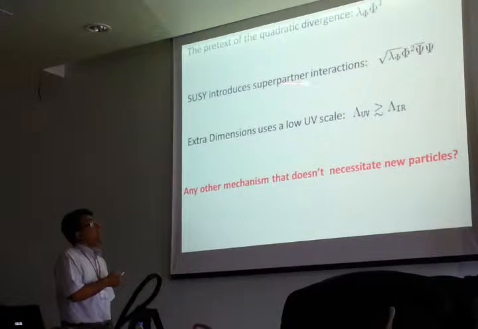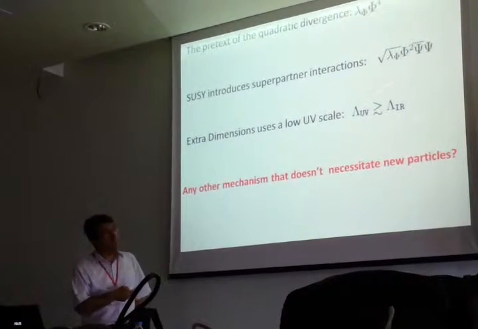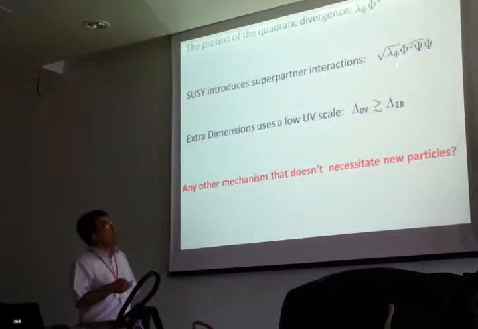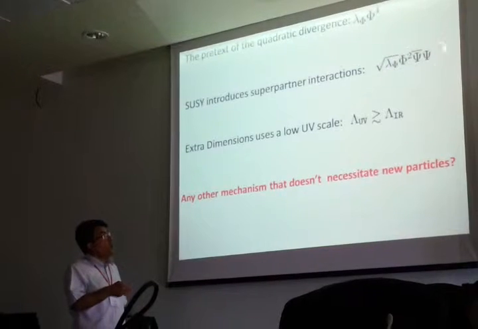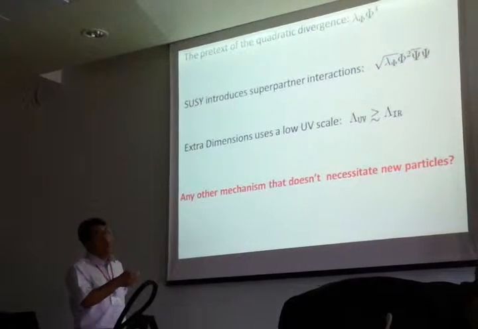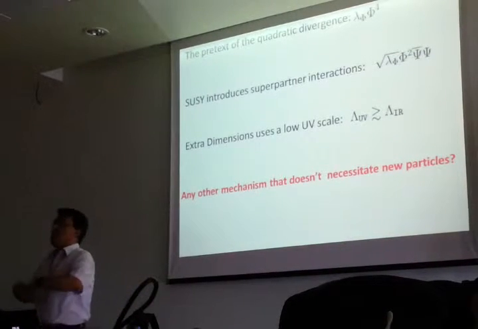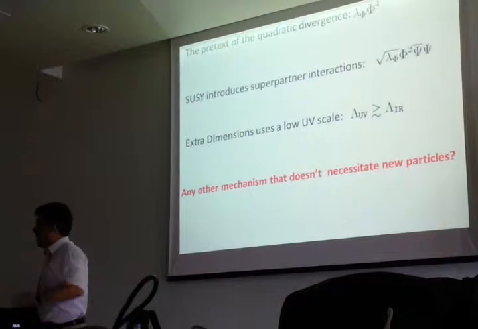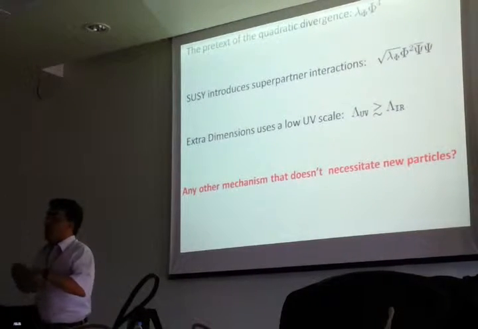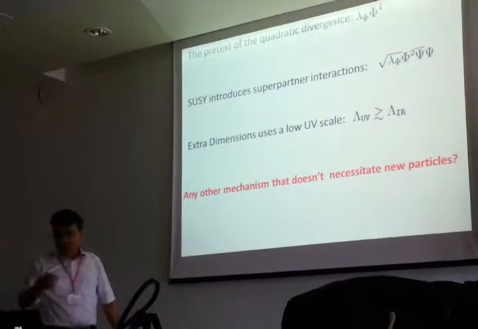For example, supersymmetry introduces some new fields side by side with such specific couplings, square root of lambda phi times phi squared, such that the fermion loops cancel the scalar field phi loops, so they are equal and just cancel each other at one loop level. So you don't have such a crazy dependence on the ultraviolet scale. You kill it. So it's good.